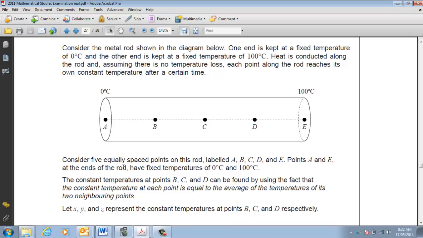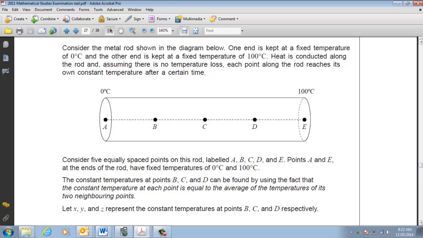This one here is quite a good one. This is an experiment you might have done in junior science where you have a rod of metal and then you might mark along different positions: A, B, C, D and E. We know that at E it's 100 degrees. Here at A it's 0 degrees, and so what's going to happen is the heat will conduct along the rod, so that might be 75 degrees, 50 degrees, 25 degrees, if this is the example.